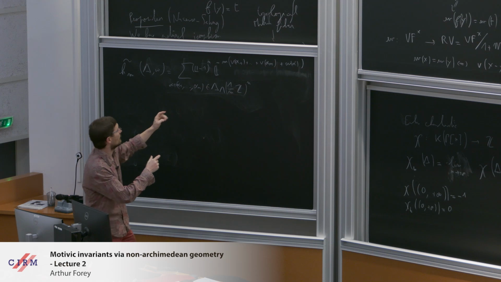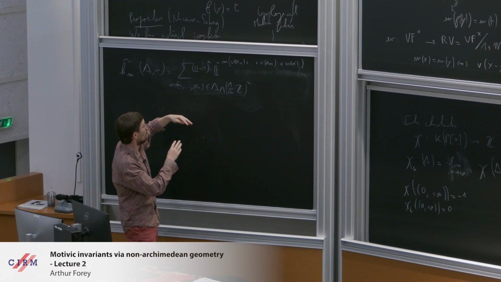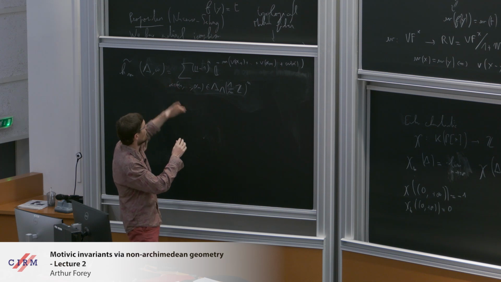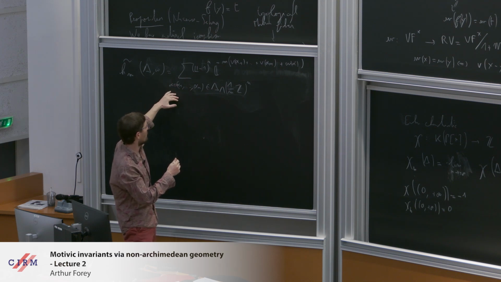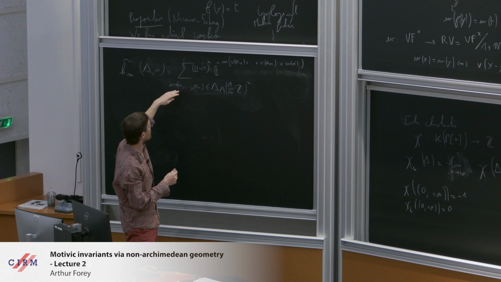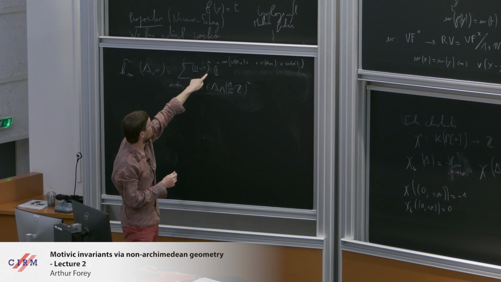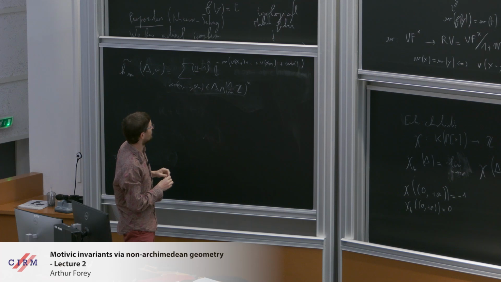You can write it as a decomposition of a union of balls of radius given by alpha, and so a closed ball of radius alpha should have volume L to the minus alpha, and because you have annuli, we get this L minus 1 factor here.